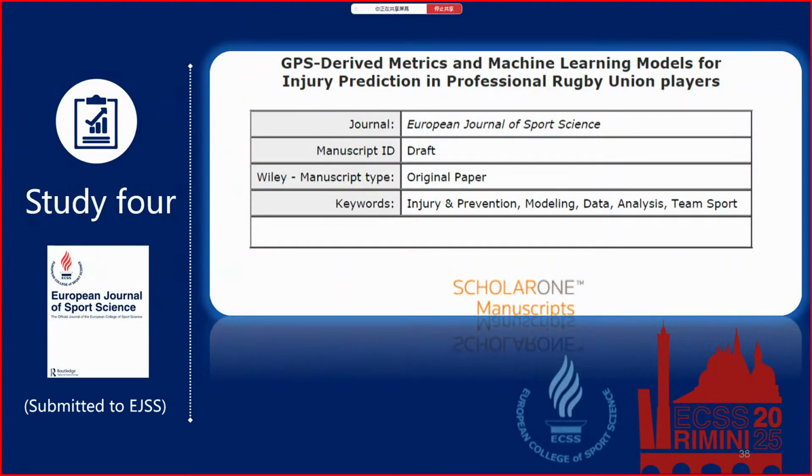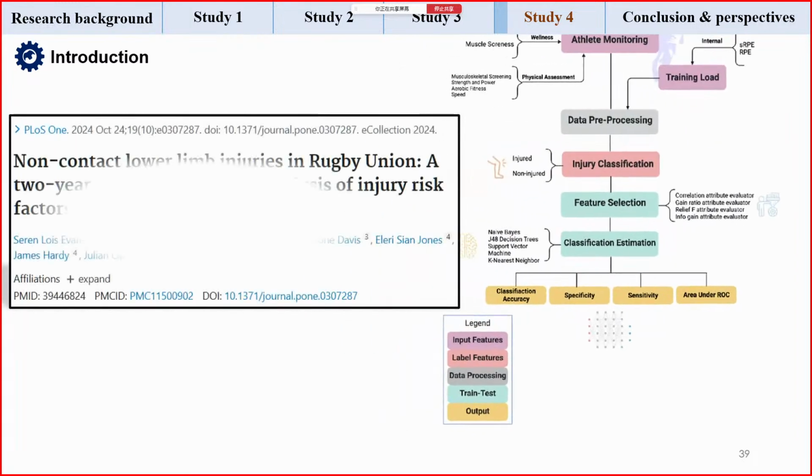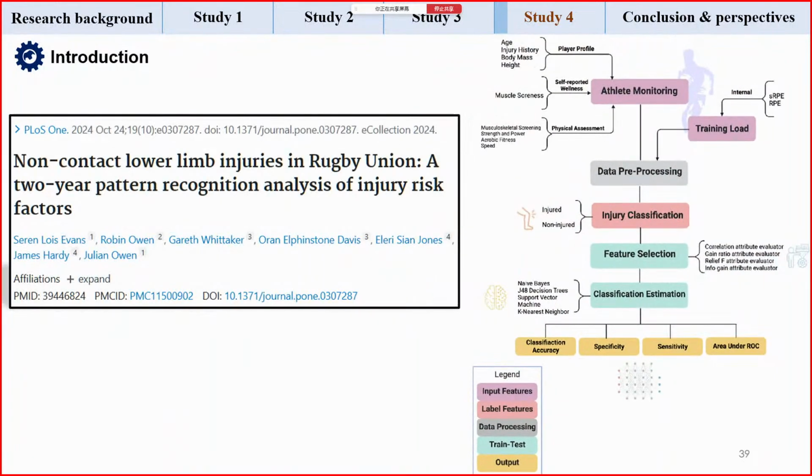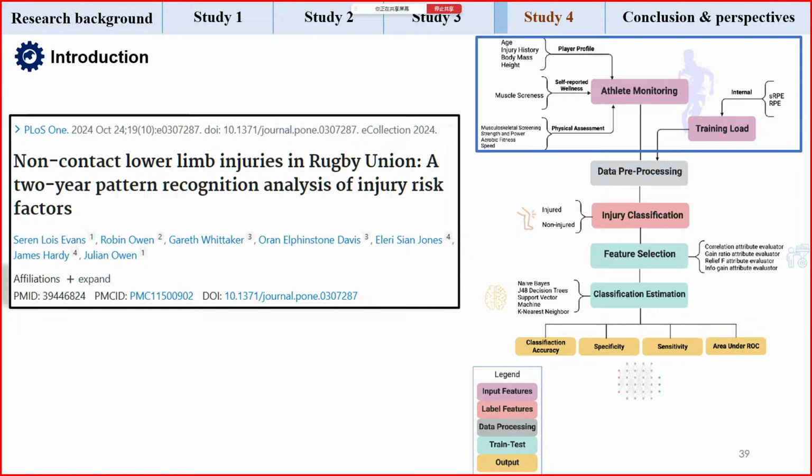Next, I will present my last study, which focused on the GPS and RAD metrics to predict player injuries and identify the key features contributing to injuries. We found a related study where the researchers examined players' personal information, self-reported wellness, fitness tags, and RPE and SRPE, but they didn't include the external load.